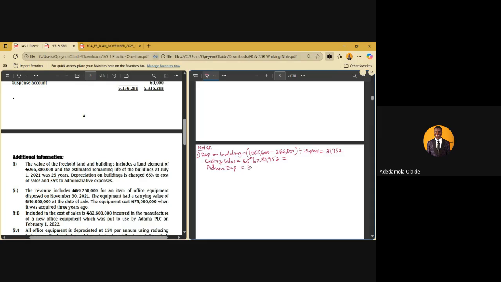That will give us cost of sales 20,769 and admin 11,183. Okay, that's that. We can move to the next additional information.